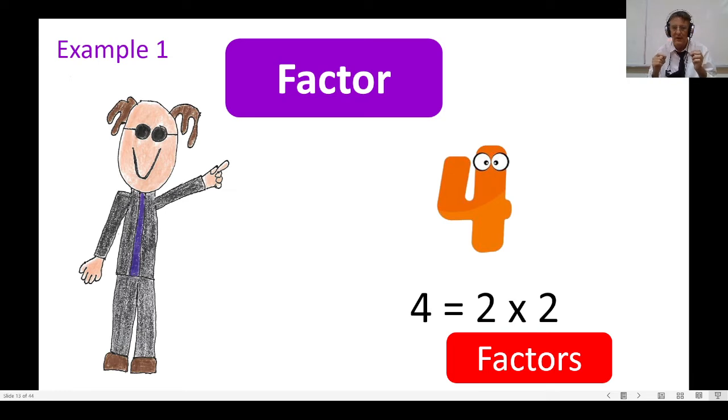So 2 and 2 are the factors, but you can't have the same number twice as being a factor. You can't say 2 is a factor and 2 is a factor. That means that 2 is a factor. Understand? Yes? 2 is the factor of 4.